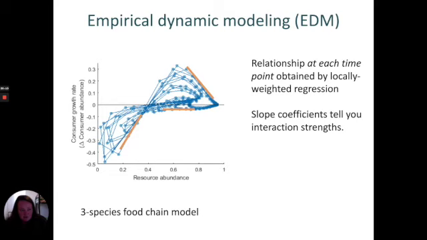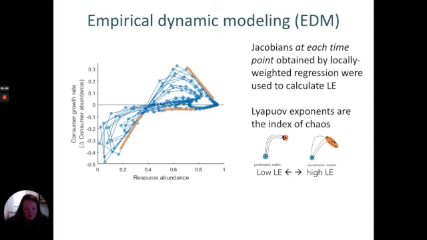So coming back to this method of empirical dynamic modeling, this is what we did last time to get at species interaction strengths. We use these time points to get locally weighted regressions to get interaction strengths. But we can also extract different types of information. We can get something called the Jacobian and calculate the Lyapunov exponents, which are an index of stability or chaos.